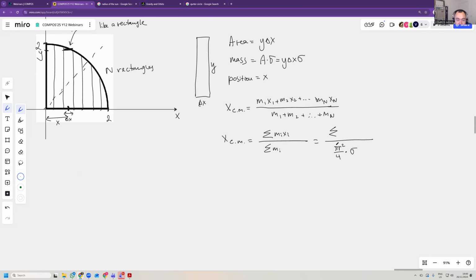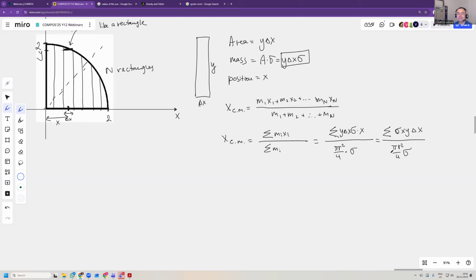And then here I'm getting something interesting. The mass, we already know, is y delta x sigma, multiplied by x, so that is the sum of x sigma y delta x divided by pi r squared over 4 times sigma.